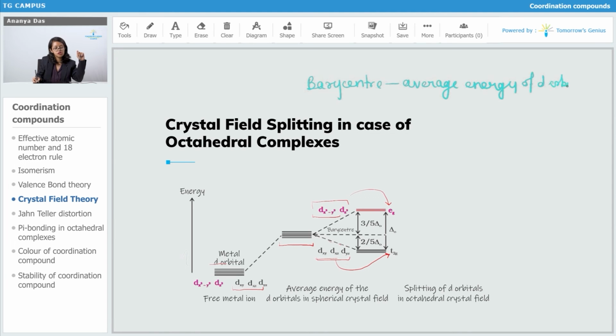So the T2g orbitals are lowered from the average energy by 2 by 5 del O, and the Eg orbitals have increased in energy from the average energy by 3 by 5 del O. Here del O signifies the difference between the Eg and the T2g. The higher the difference between Eg and T2g, the more will be the value of del O. Okay, so it's pronounced as del O.